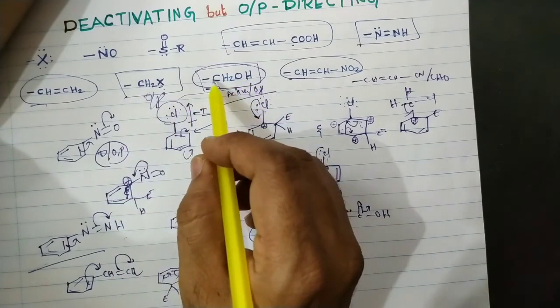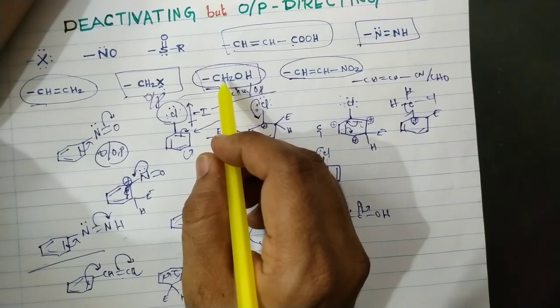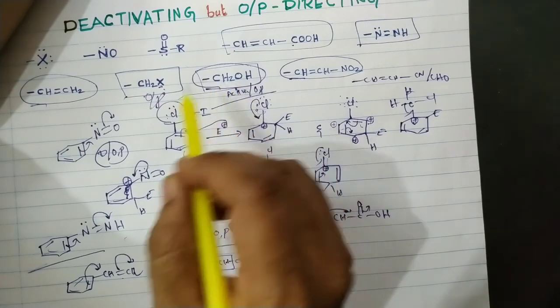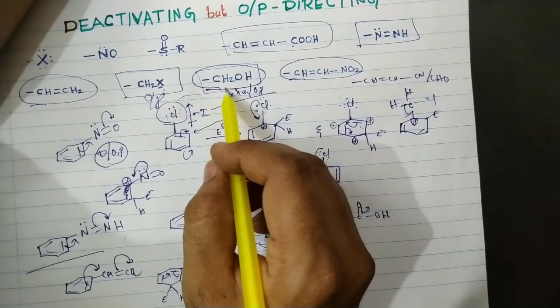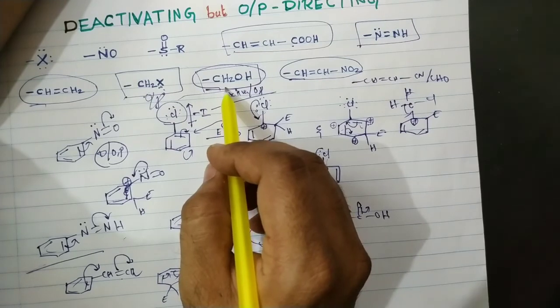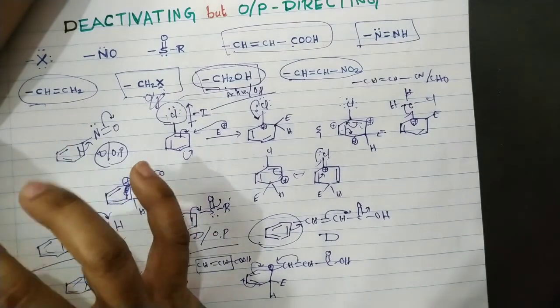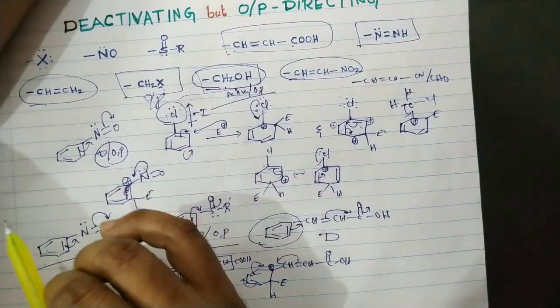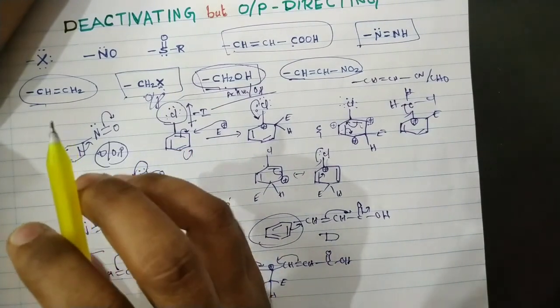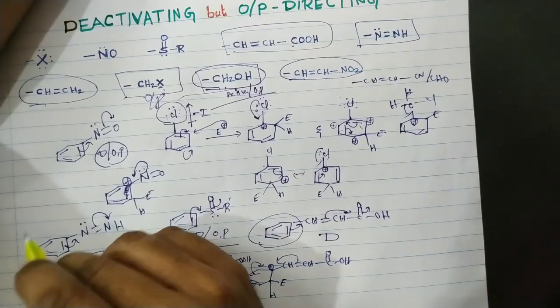That's why this benzene is activated by the hyperconjugation of the two CH bonds. Of course the sigma complex is also stabilized by the hyperconjugation effect of the two CH bonds. So finally these are ortho para directing groups, but they deactivate the benzene ring.